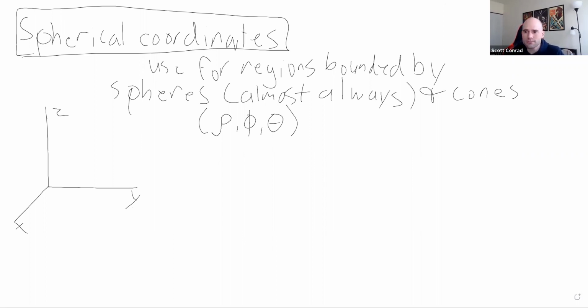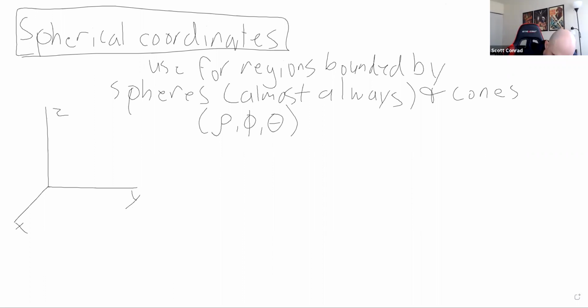We're just going to be using this for integration. So rho, phi, theta are our three variables for spherical.